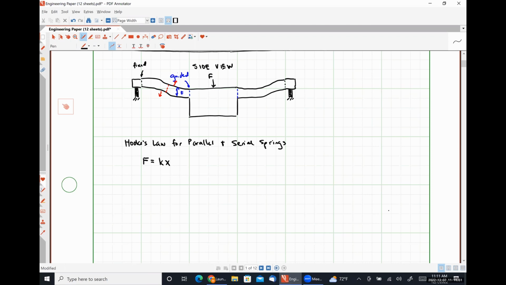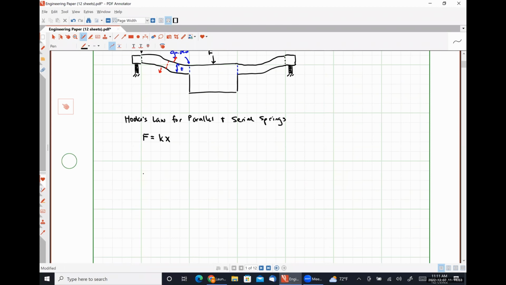So if we have two springs connected in parallel, let me draw a little picture representing something like that. So let's say that this is a spring having a spring constant of K1. This is a spring having a spring constant of K2.